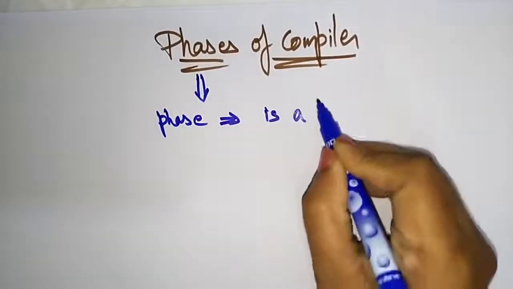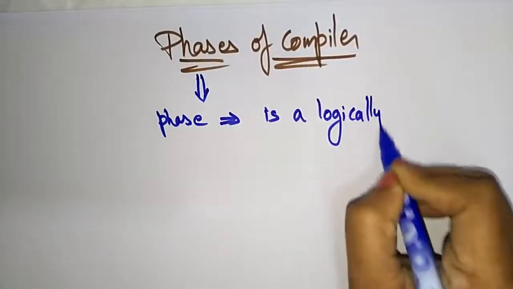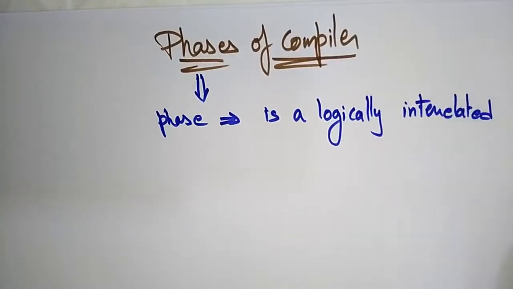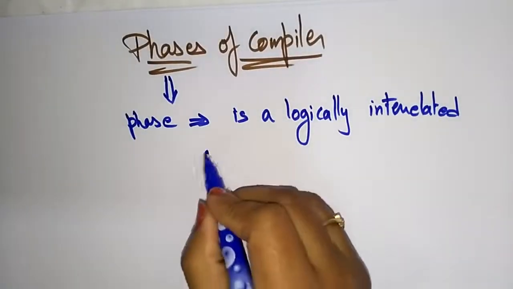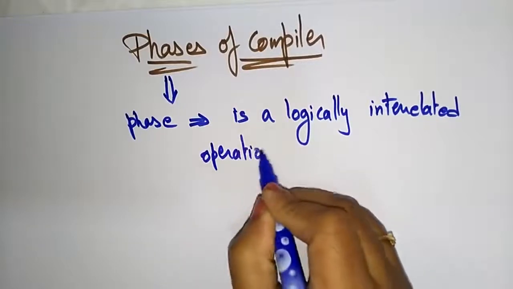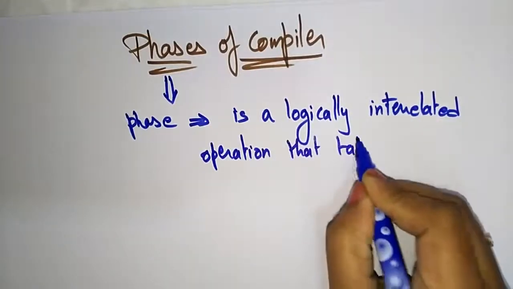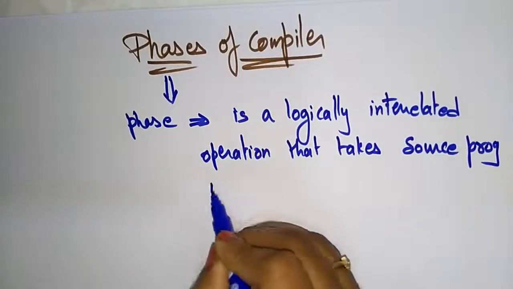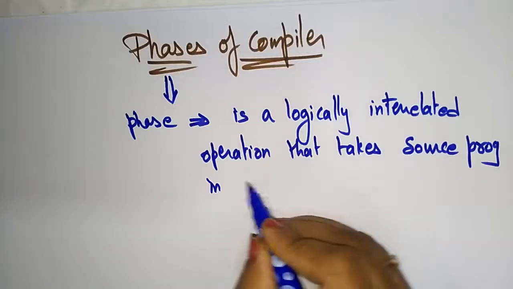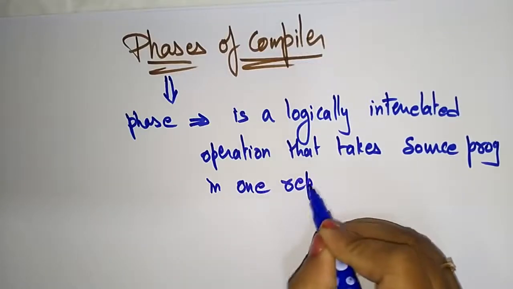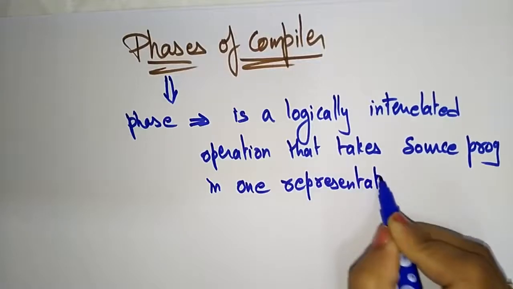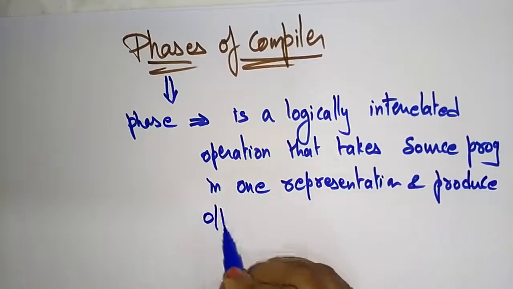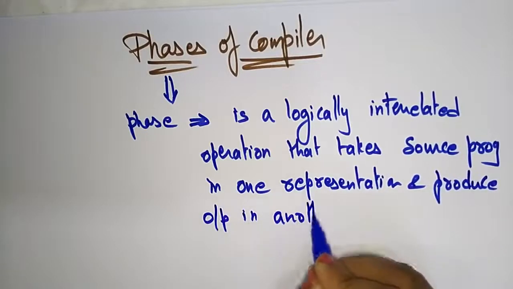A phase is a set of logically interrelated operations that takes the source program in one representation and produces output in another representation.